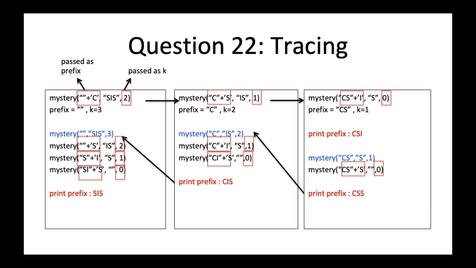In conclusion, the following should be printed out: CSI, CSS, CIS, and SIS, and they should be printed in that specific order.